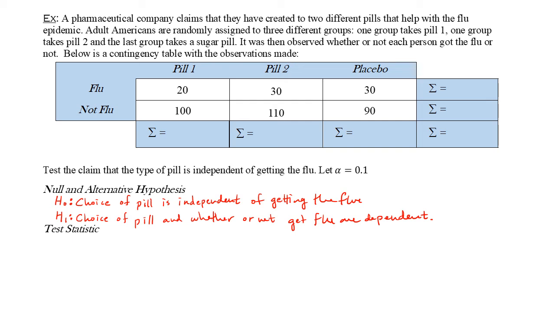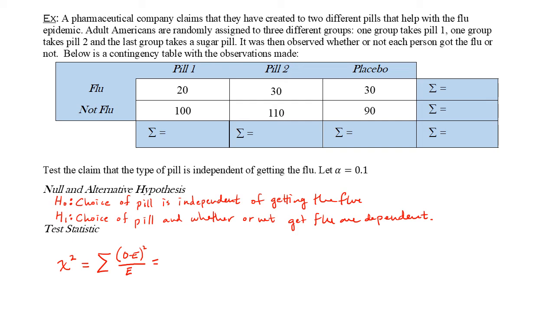For the test statistic, the chi-squared value, remember we're summing up all the observed minus expected values, squaring their differences, and then dividing by the expected value. In this case, we've got 6 entries, so we'll need to sum up 6 terms.